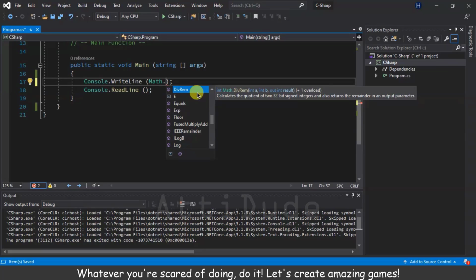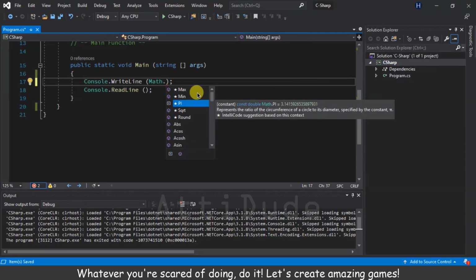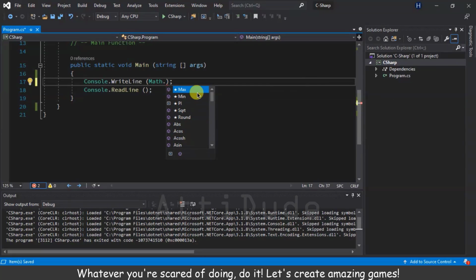I don't know what these are, but I mainly use the other functions like pi, square root, round. And if you go to sine, cosine, tangent, all these concepts are actually a lot more complex for me to understand, so I've left them for the future.